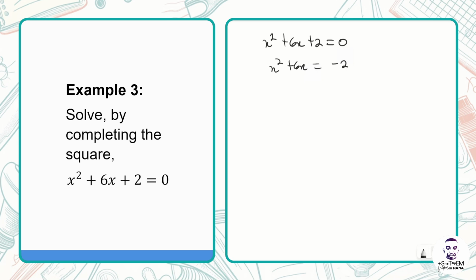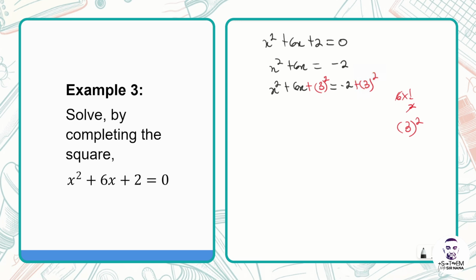Then we pick the coefficient of x, which is 6, multiplied by half, so that gives us 3. We square it, and then we add it to both sides of the equation. So we are going to have x squared plus 6x plus 3 all squared, and that is equal to negative 2 plus 3 all squared.